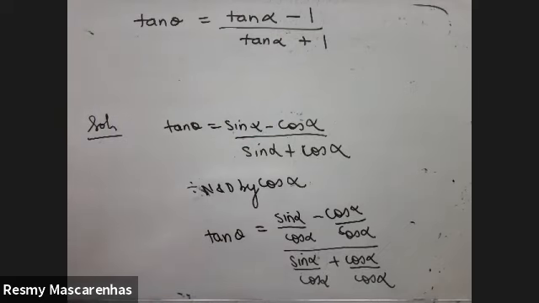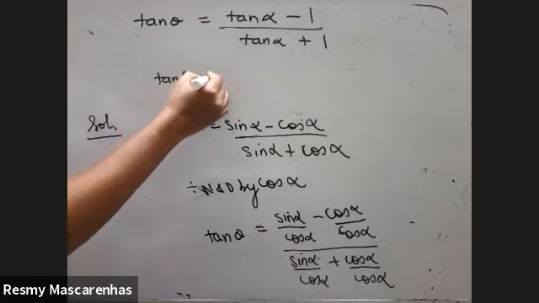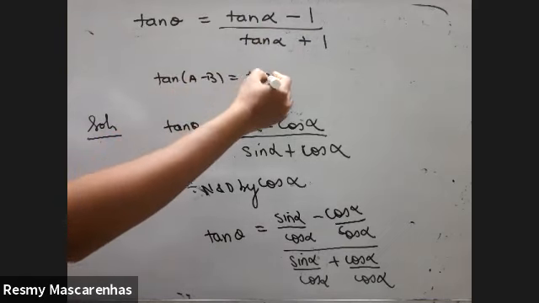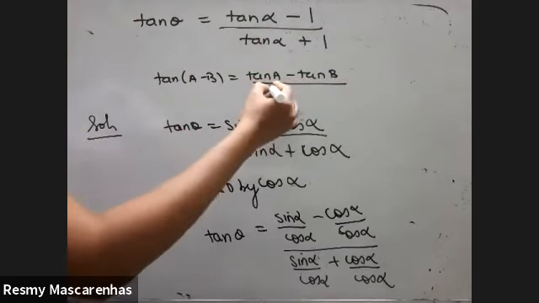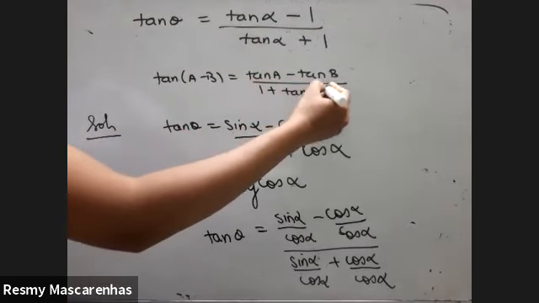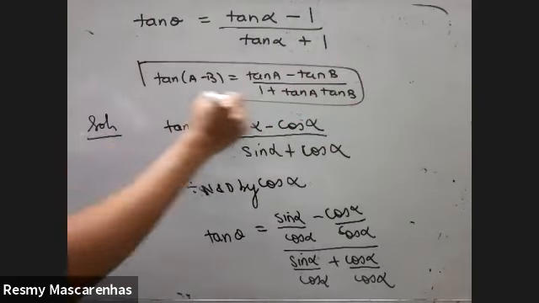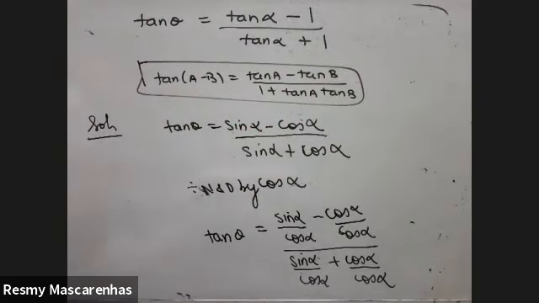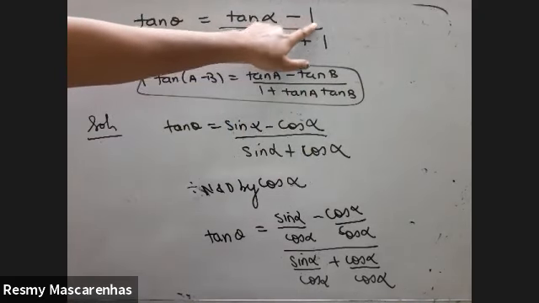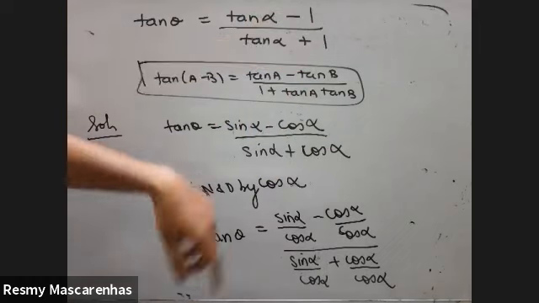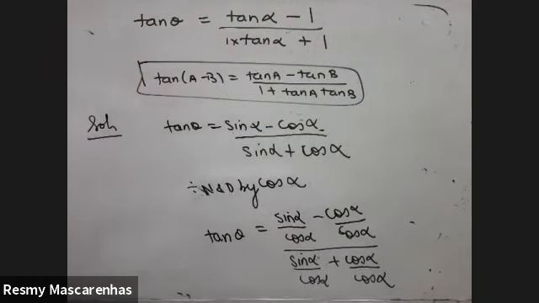Remember, I want to arrange in this form. This is minus, no? So this is the formula. This is the formula, okay? So I have to arrange this in that form. So instead of 1, what I told you to write anytime, tan 45 degree. And along with that tan I want, no? So I'll put 1 over here.